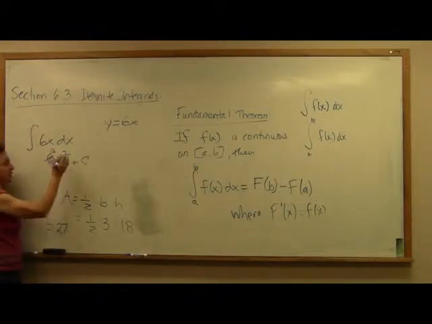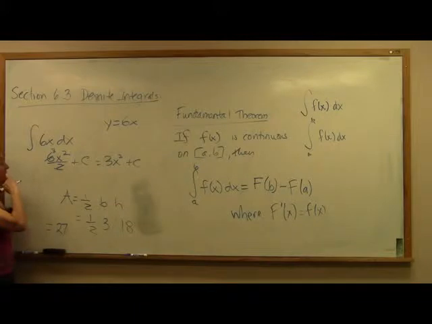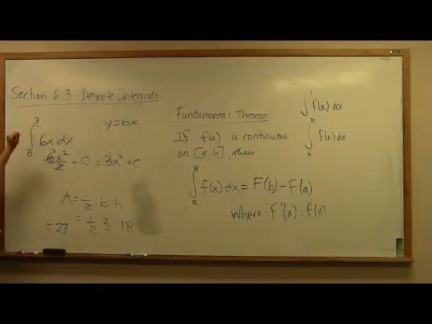Well, 2 goes into 6 three times, so we get 3x squared plus a constant, but we want to compute that from 0 to 3. Where did I get those values 0 to 3? Remember, we wanted the area bounded by this function and the x-axis from 0 to 3. So how would you do something like this?